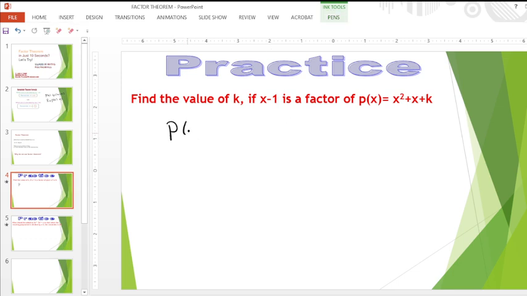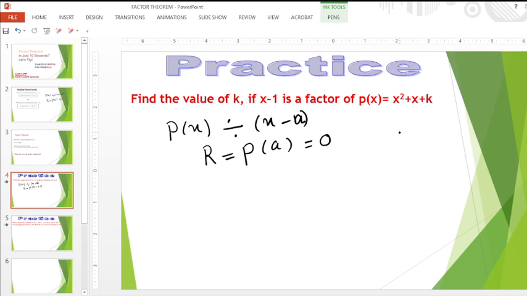When a polynomial p(x) is divided by x minus a, then the remainder is p of a, according to the definition. And if it is a factor, then it means the remainder must be 0. Why? Because they are telling you that x minus a is a factor of p(x), and x minus a is a factor of p(x) only if the remainder is 0. Okay, so we will take the remainder first.